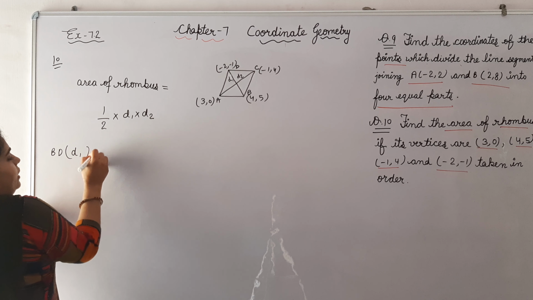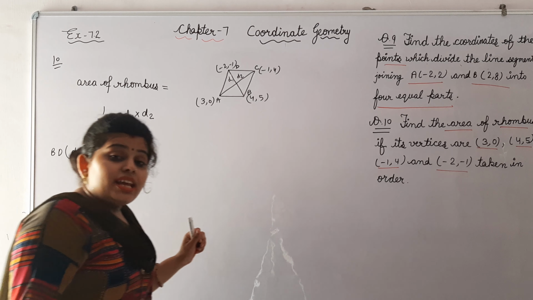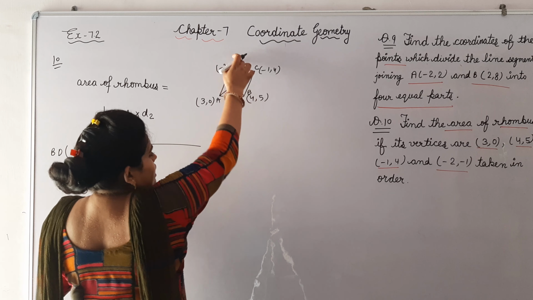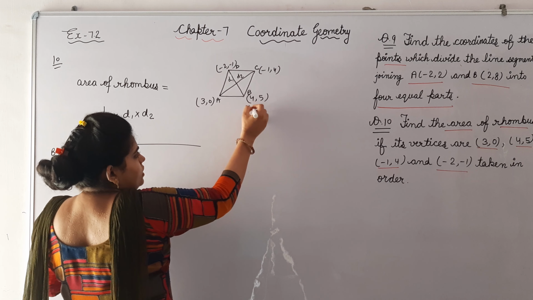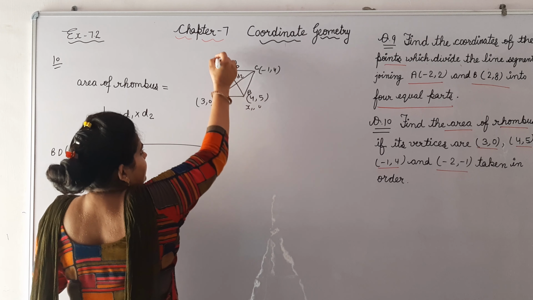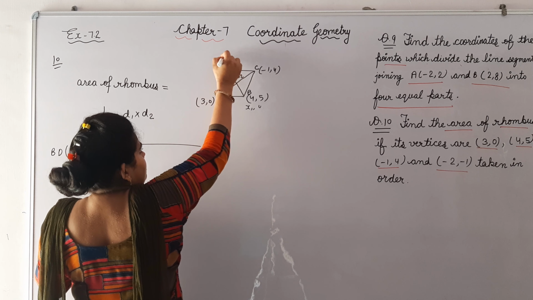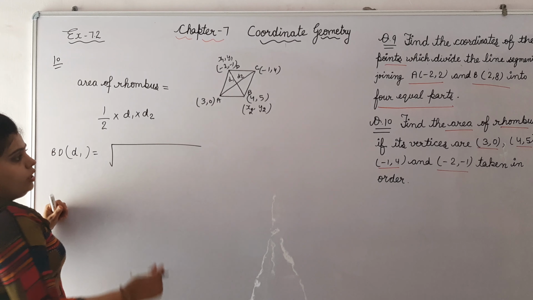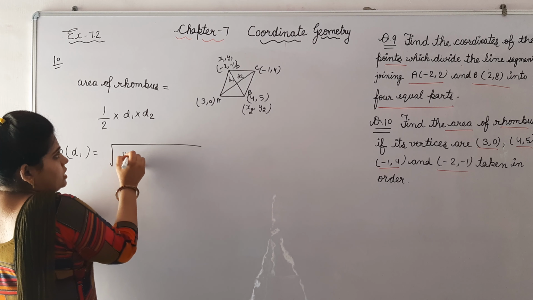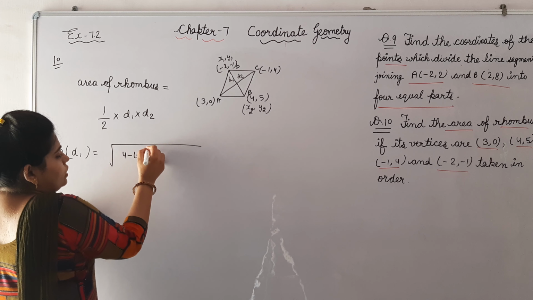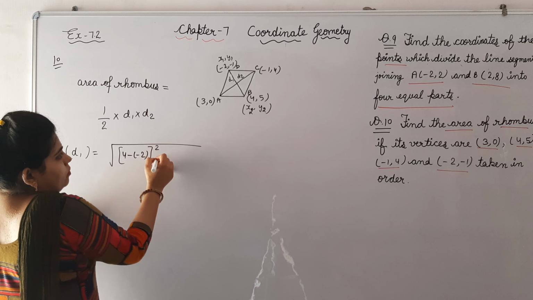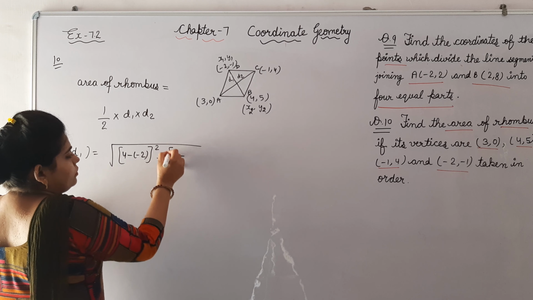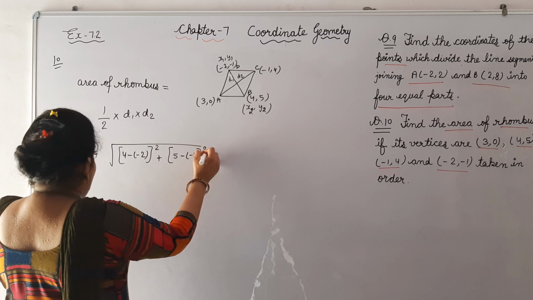BD? We will use the distance formula here. For BD, we will take these vertices. Let it be x1, y1 and it be x2, y2. Equal to the square root of x2 minus x1, means 4 minus (-2) whole square, plus 5 minus (-1) whole square.